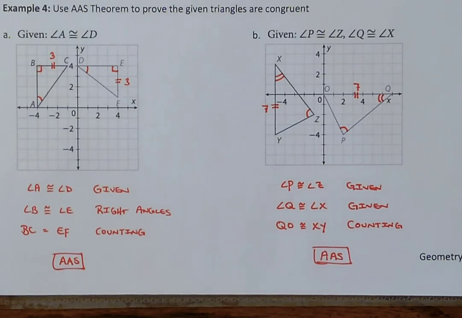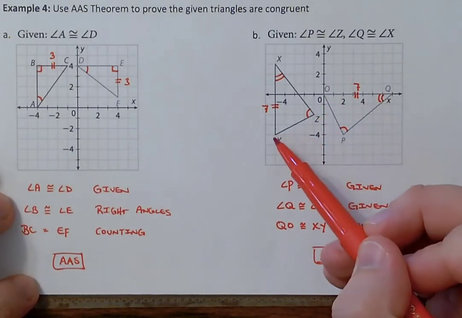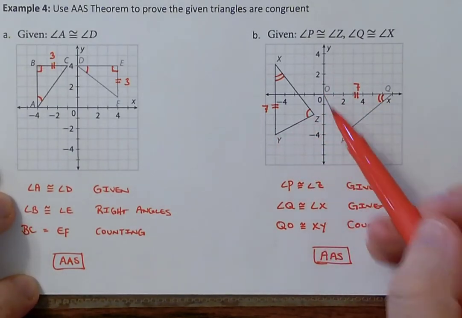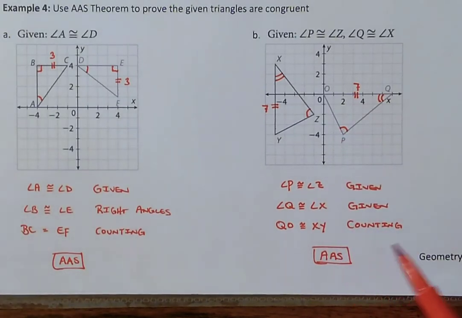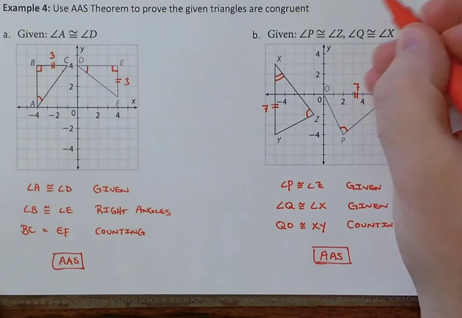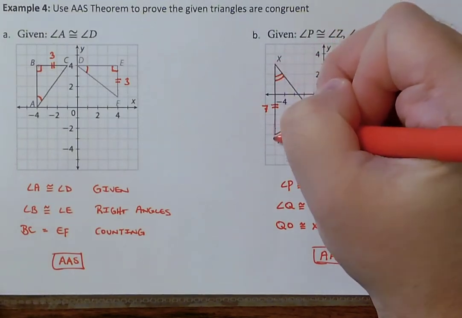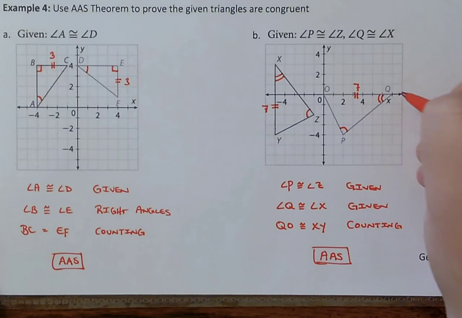If I used ZY and OP, I would have to use the distance formula, that square root of x2 minus x1 squared plus y2 minus y1 squared. None of us like using that. Counting is the best and easiest way. So I'm just going to use the straight up and down side and the straight across.